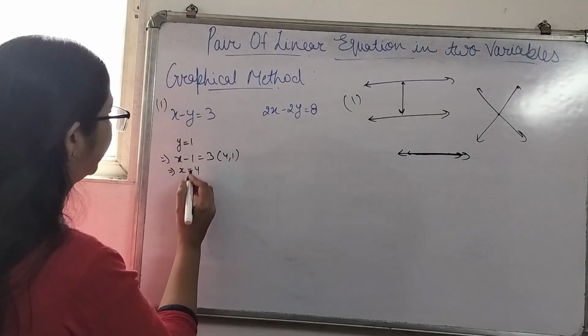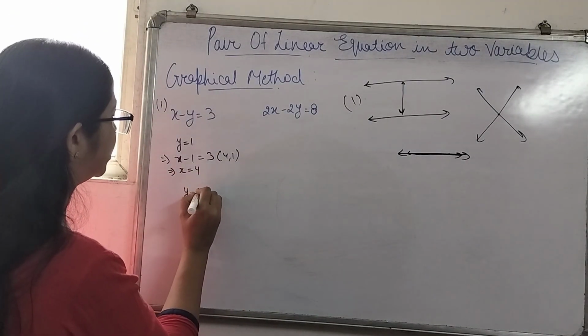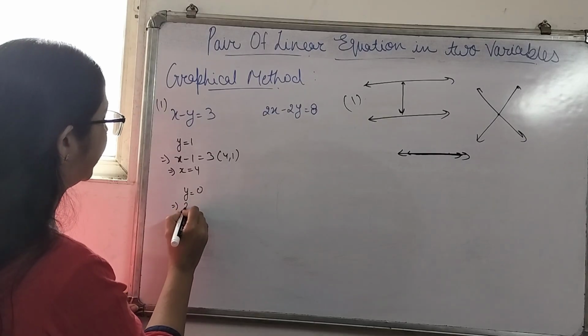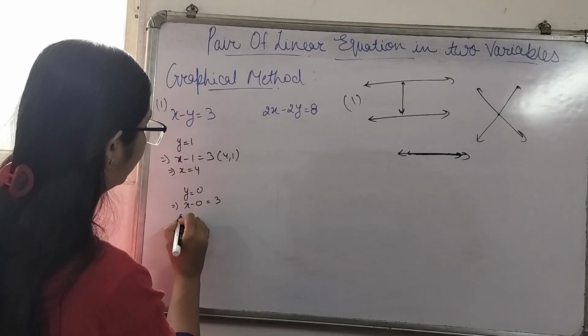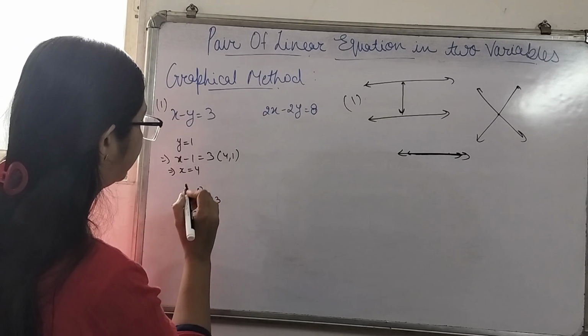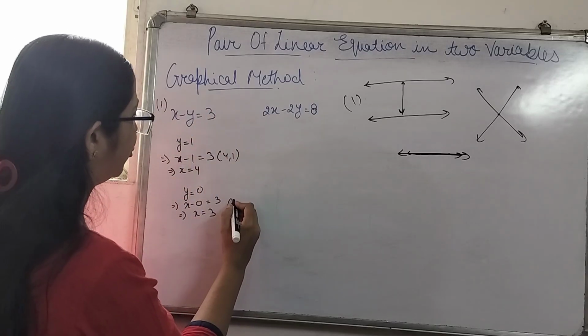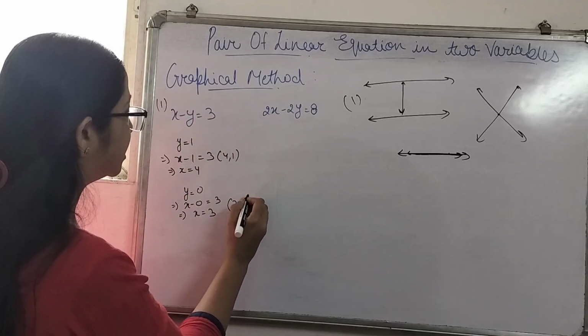Another point could be if I take y equal to 0. In that case, x minus 0 will be 3, or we can say the value of x will be 3. So another solution for this equation will be (3, 0).